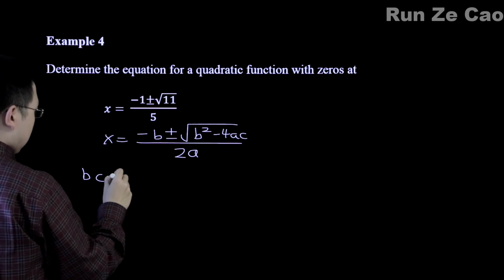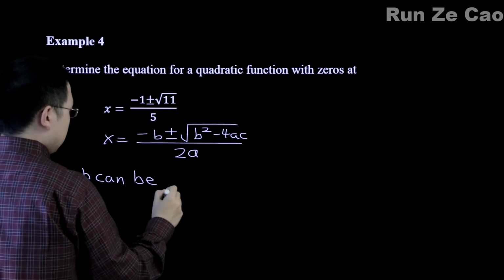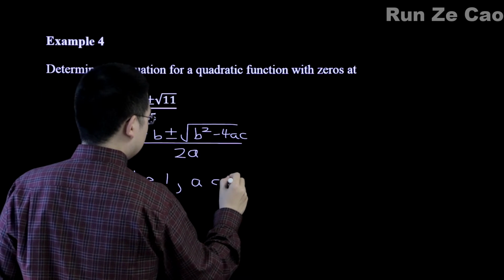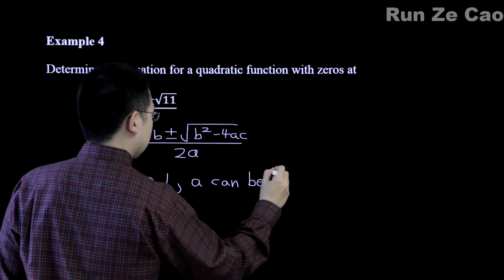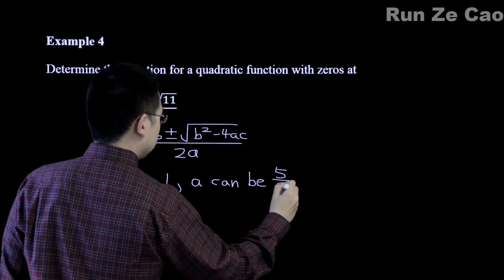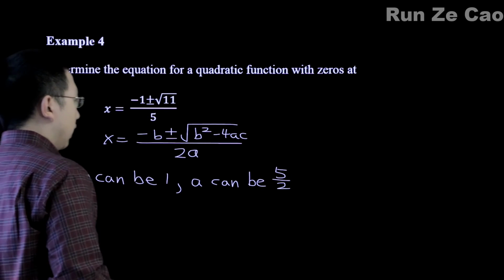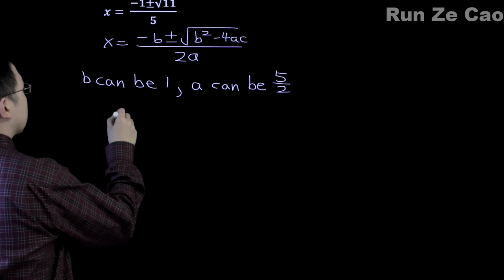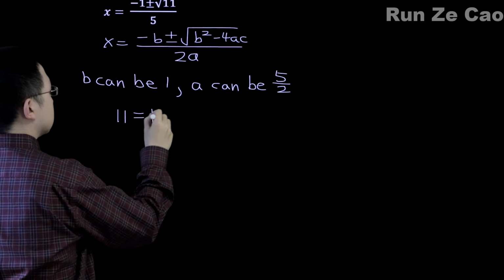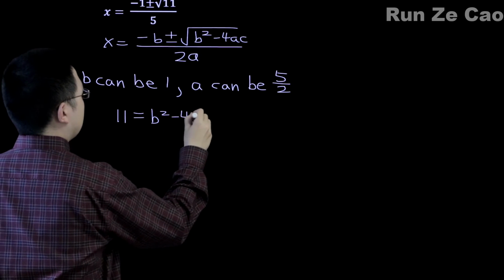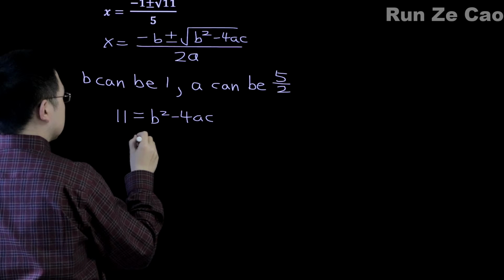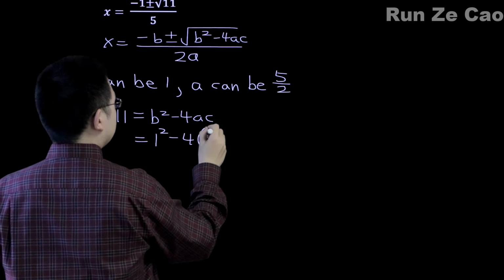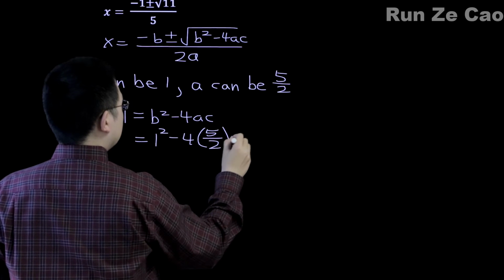So b can be 1, a can be 5 over 2, and we would need to have 11 equals b squared minus 4ac, so equals 1 squared minus 4 times 5 over 2 c.